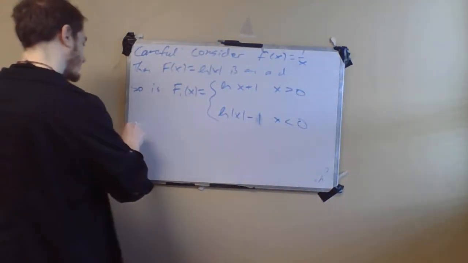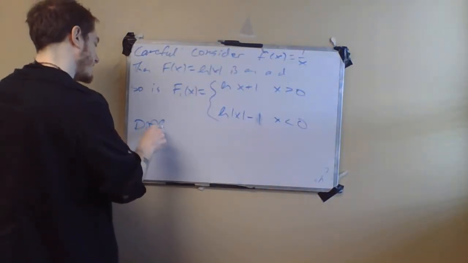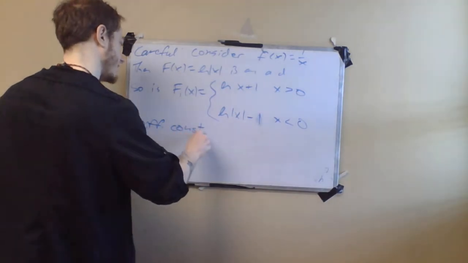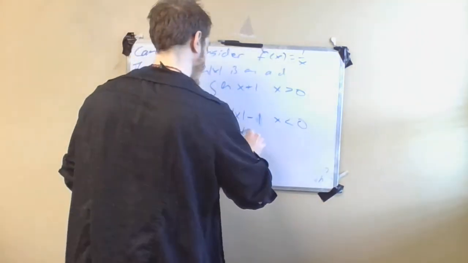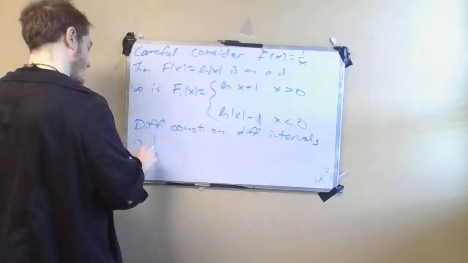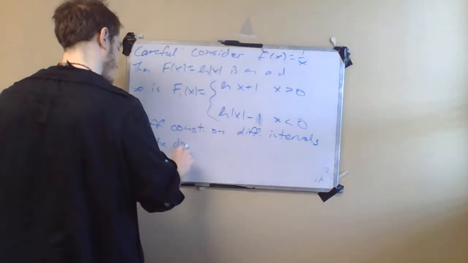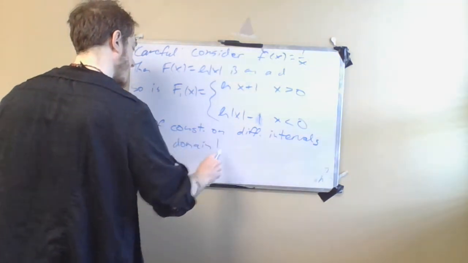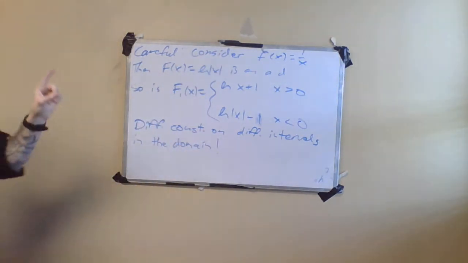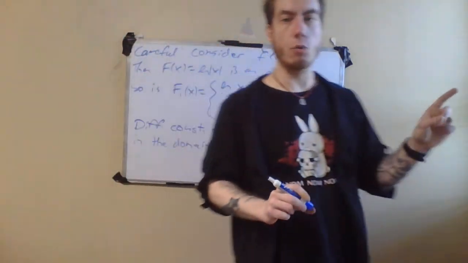So we have different constants on different intervals in the domain. Okay, but that's the only thing that can go wrong.